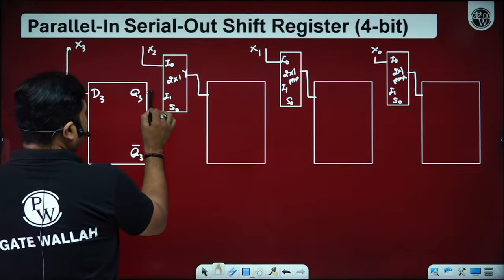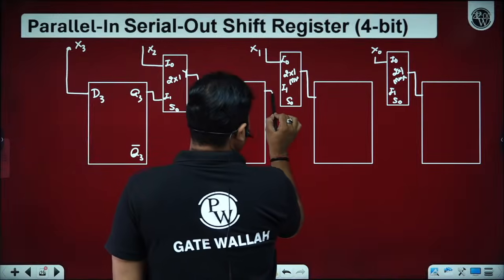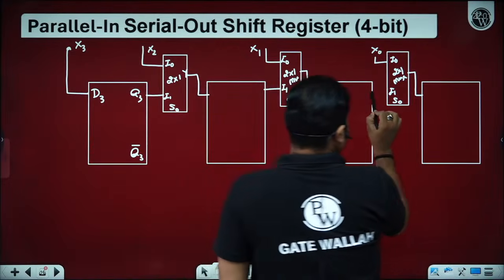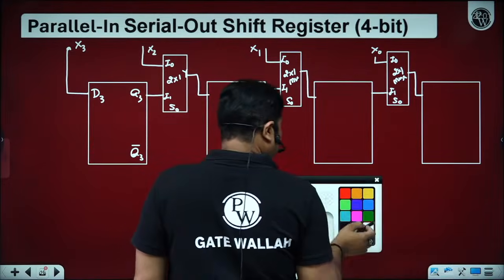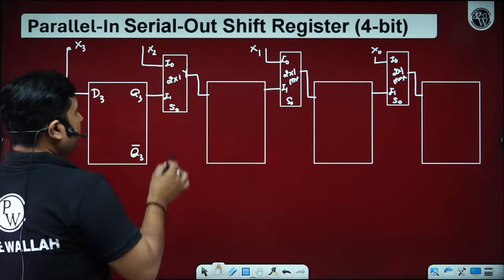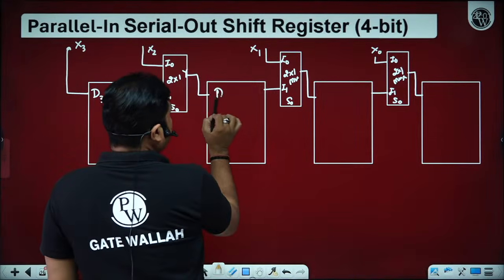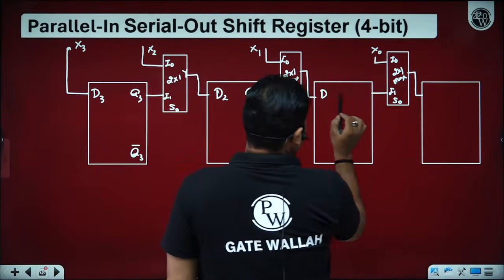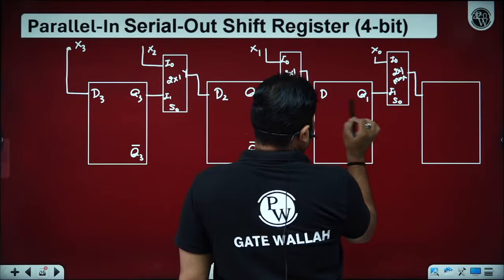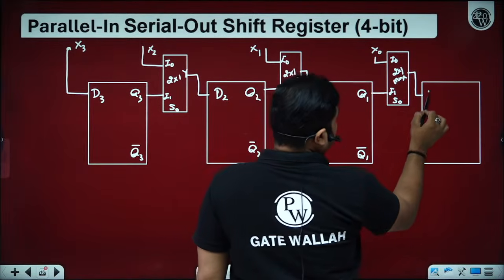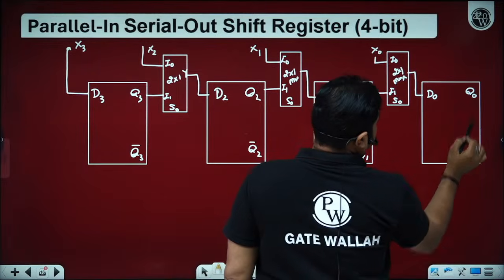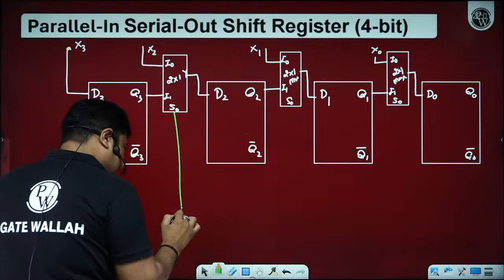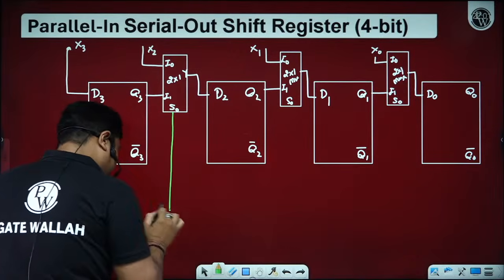Then I'm using a 2 cross 1 multiplexer where Q3 may get connected with D2, Q2 may get connected with D1 depending upon the select, and Q1 may get connected with D0 again depending upon the select only. All the select lines are connected to the same input.